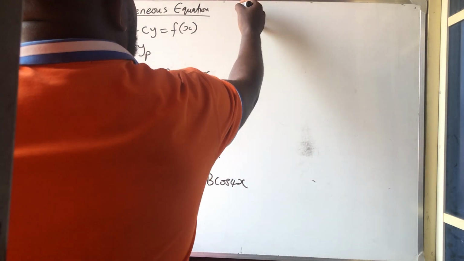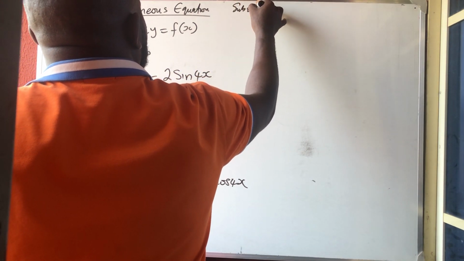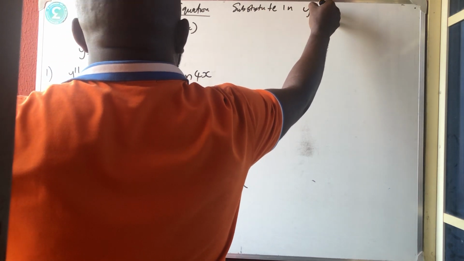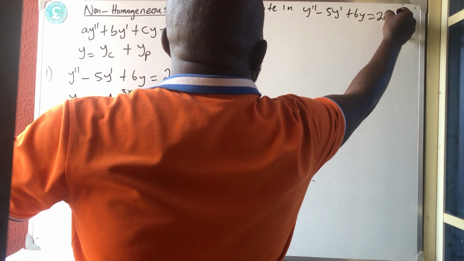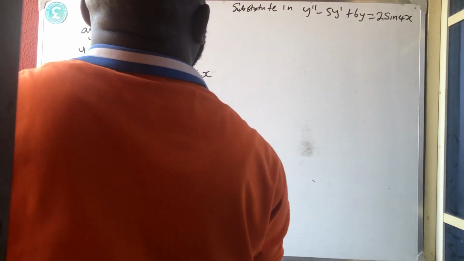So substitute in y double prime minus 5y prime plus 6y is equal to 2 sine 4x. So let us substitute.